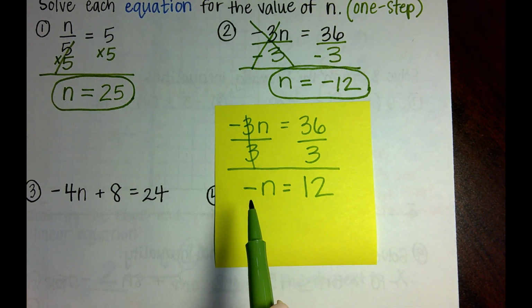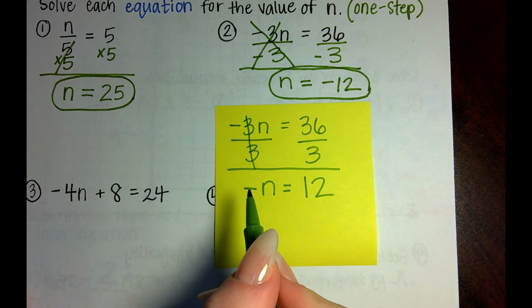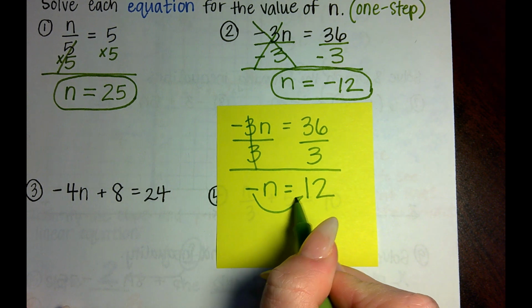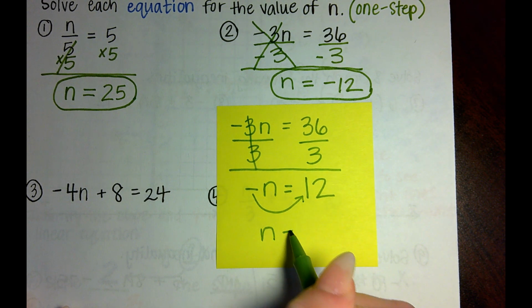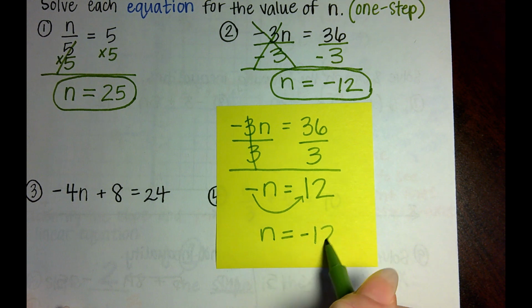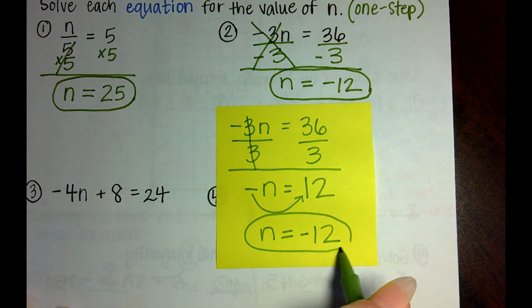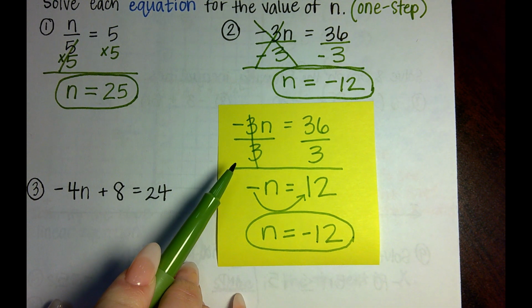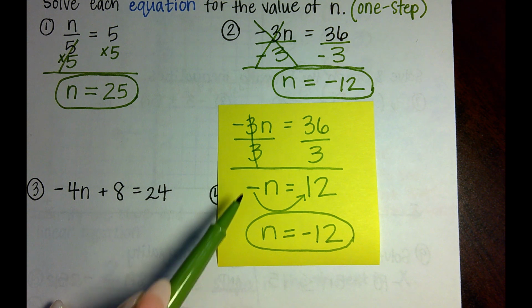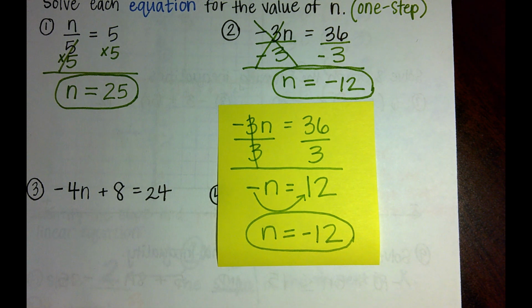So you could do that, but you would just have to remember to bring your negative over to the 12 so that it becomes n equals negative 12. So you can do positive 3. You would just have one extra step to do at the end. Does that help?